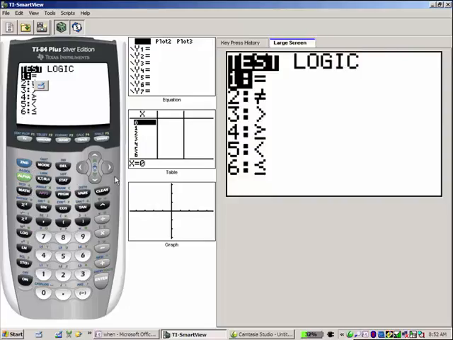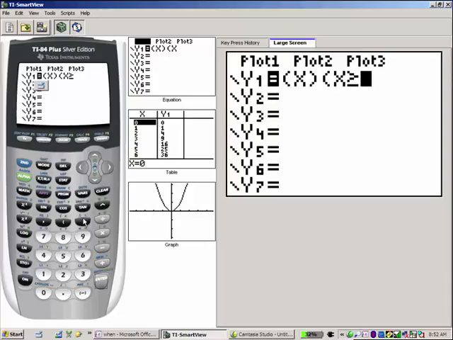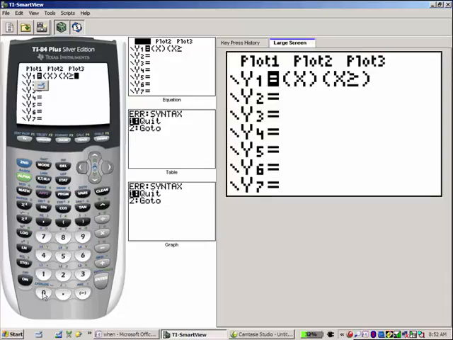And I'm going to go down for when x is greater than or equal to, which is 4. I'm going to hit enter, and then end parenthesis, and I'm going to hit 0, end parenthesis. So basically I'm telling the calculator, the function's equal to x when x is greater than or equal to 0. Questions about keys?